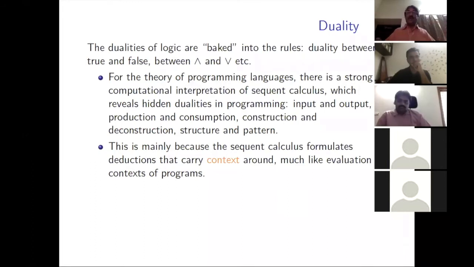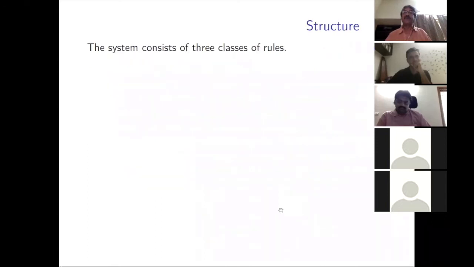So you carry context around, which is much like evaluation context of programs. If you look at functional programs and their implementation, the most important thing is carrying context around, or configurations as in state transition systems. So, anyway.